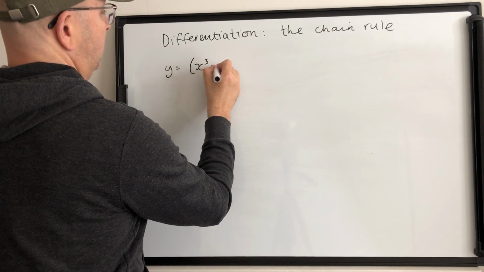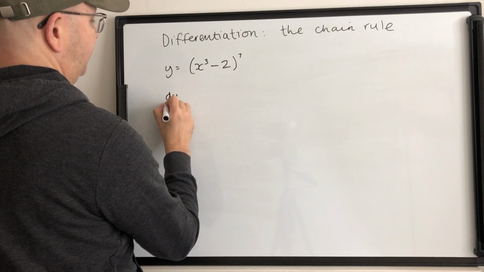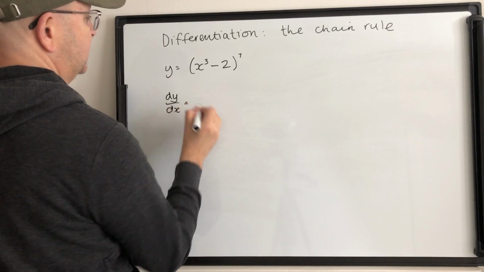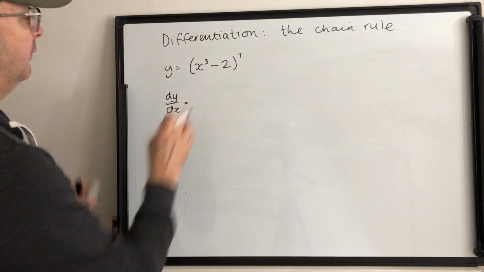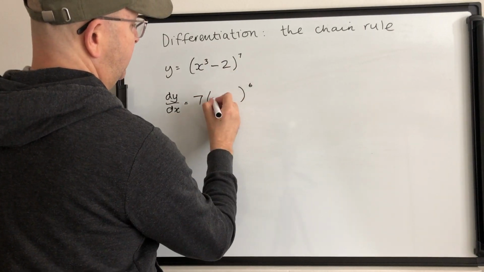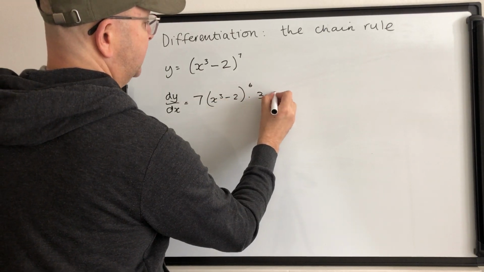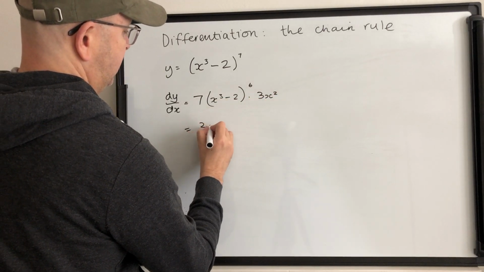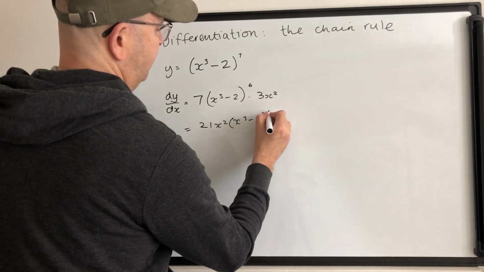So doing it the fast way firstly, you put your finger over the middle of it. You've got something to the power of 7, will differentiate to 7 times something to the power of 6, and you keep that inside. And you multiply by that differentiated, so you get 21x²(x³ − 2)⁶.